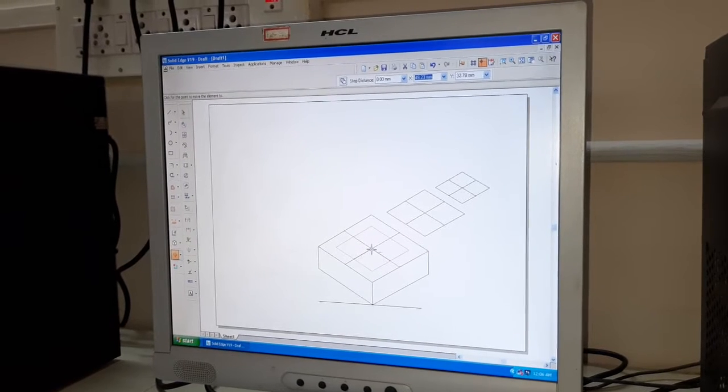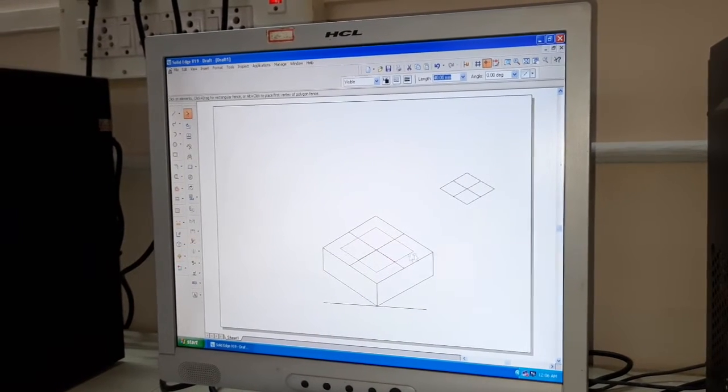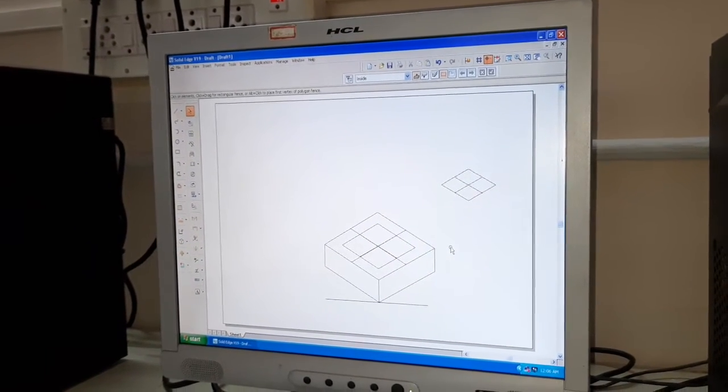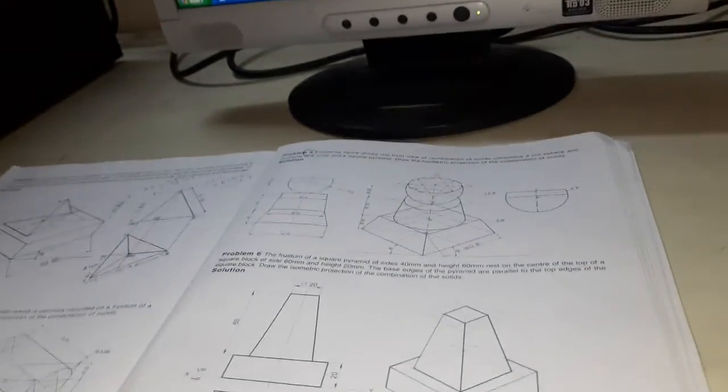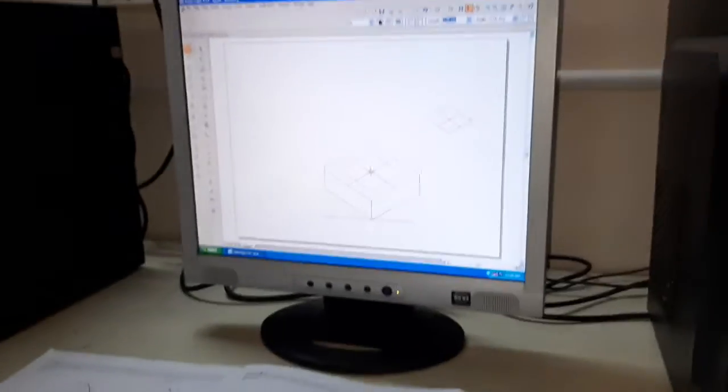Move to the center point of the slab. Now the height is 60 mm. Let us raise the height by 60 mm.